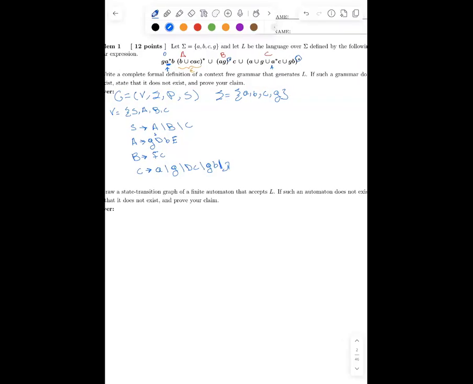Then during A, I need to do D actually. So I'm using the capital D, because I'm looking for more, or I will use lambda. And then we have the E. As I can see, E is B or C, a, c, a, c.